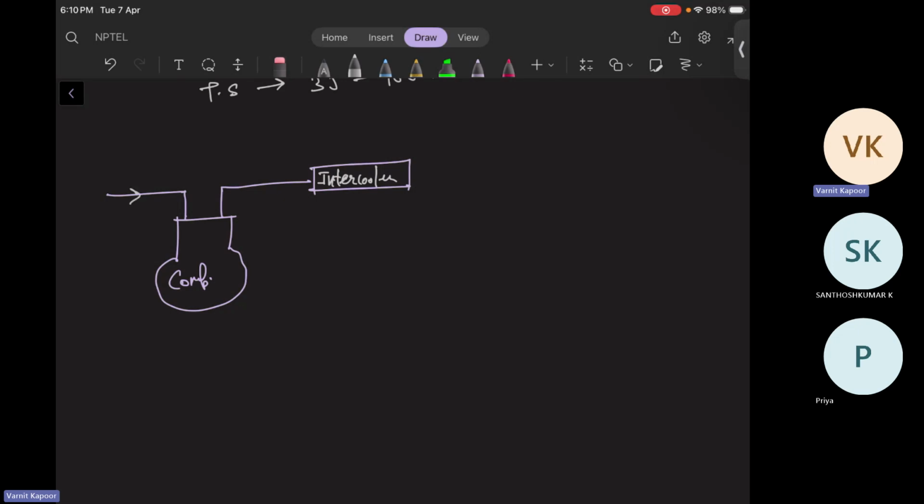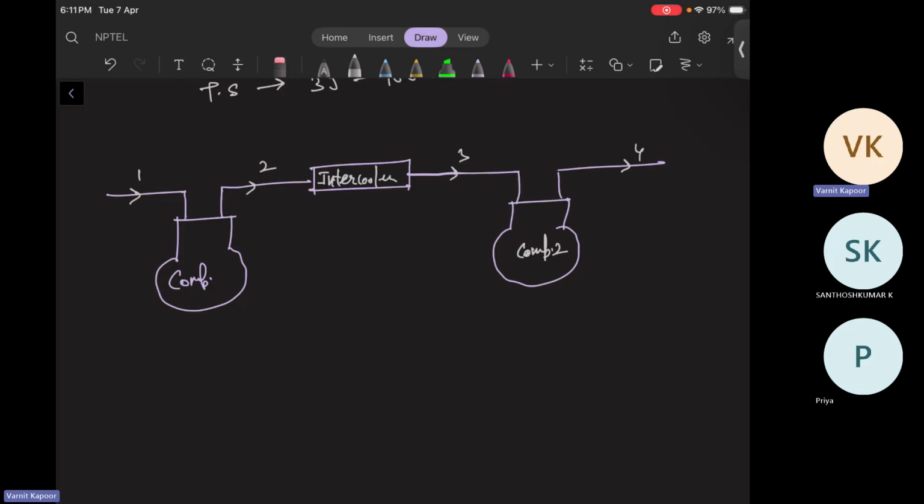Let us say this is 1, the outlet is 2. Then after passing through the intercooler, we pass it through another compressor, compressor number 2. Its inlet is 3, and the exit is 4. You can do multiple intercoolings and connect a multiple number of compressors as well.